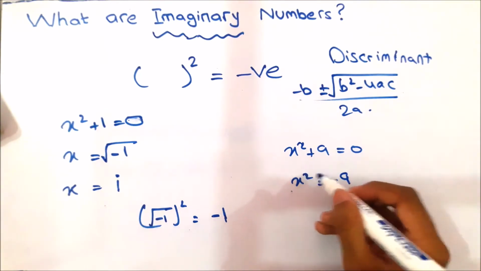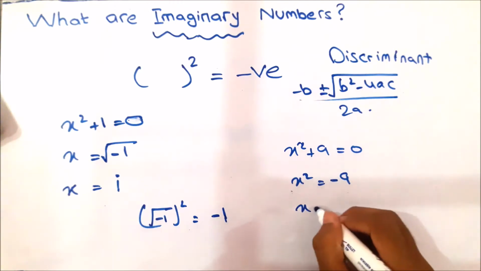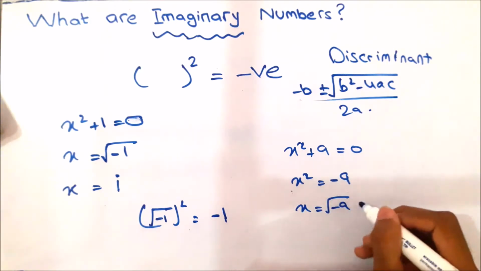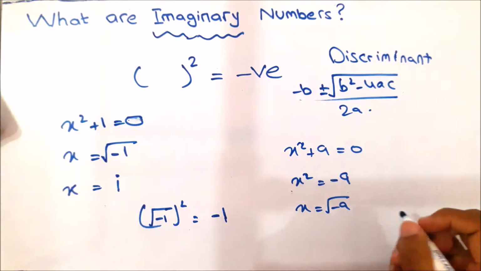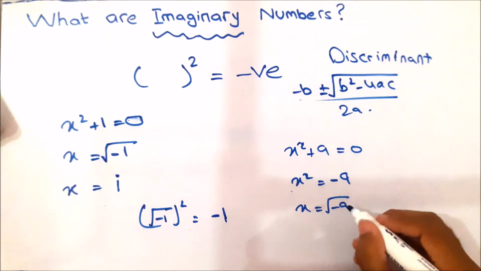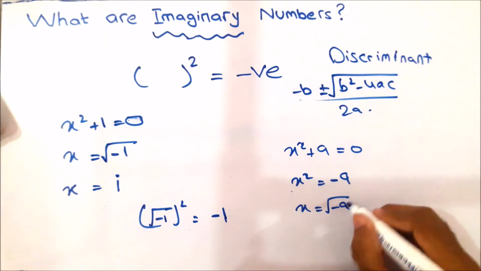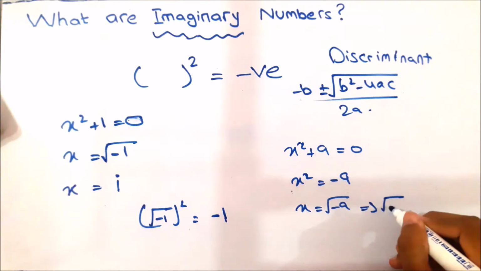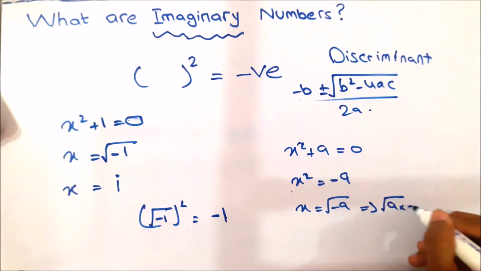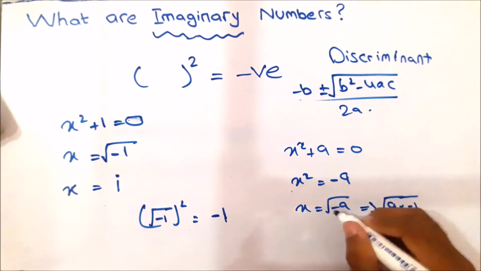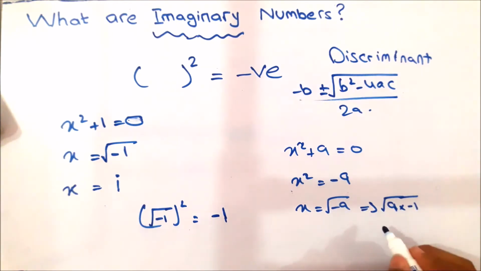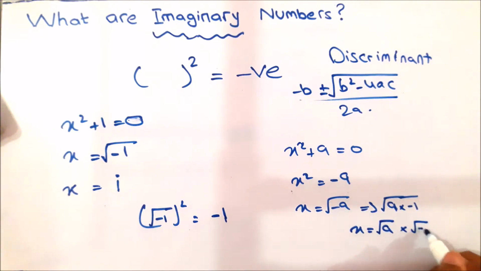When we solve it and take the under root, x equals under root minus 9. Applying the law of surds, we can write it as under root 9 multiplied by minus 1. Both are the same thing. And according to the law of surds, we can also write it as x equals under root 9 multiplied by under root minus 1. Then we can simply put this as i.